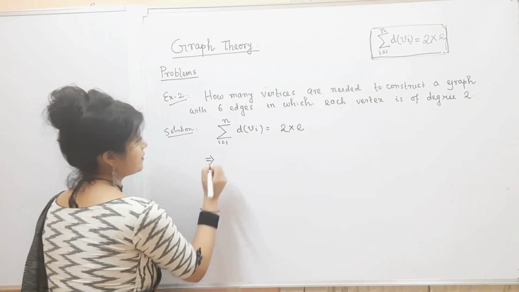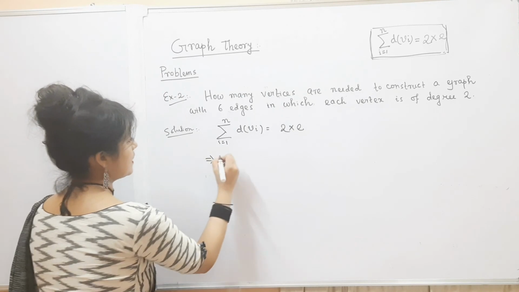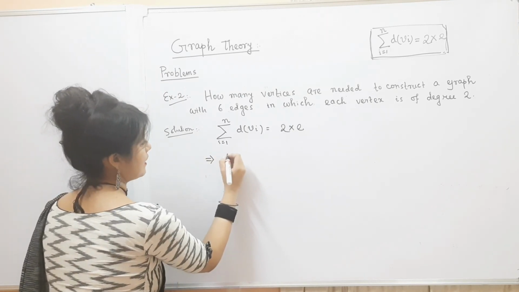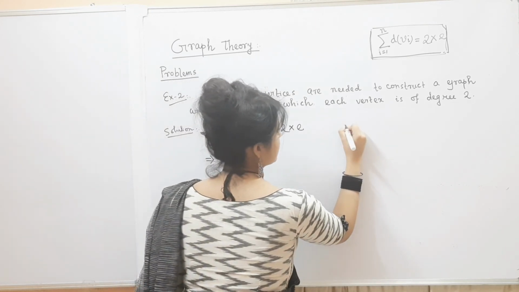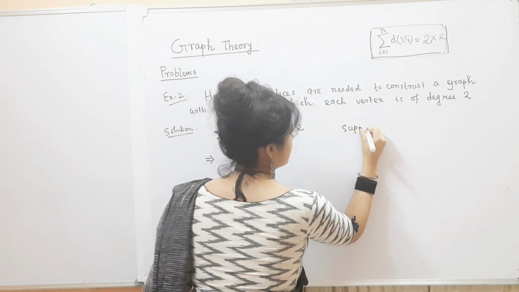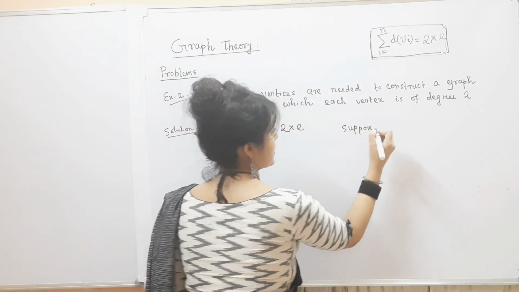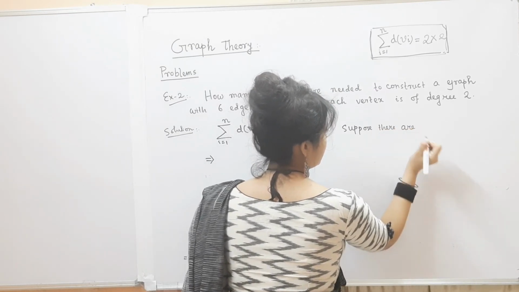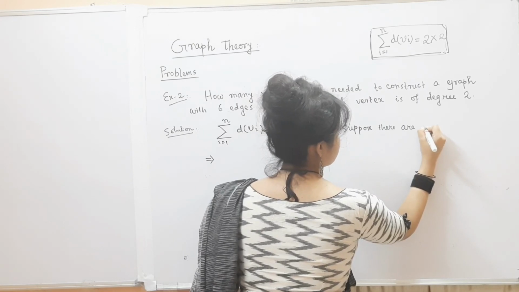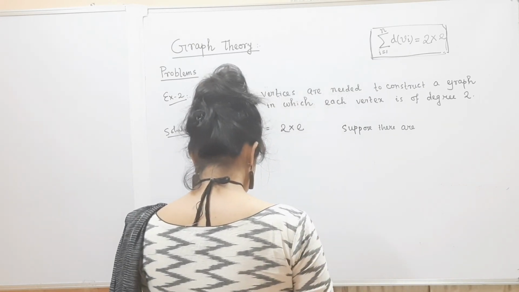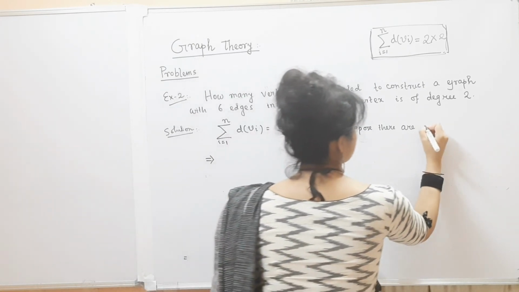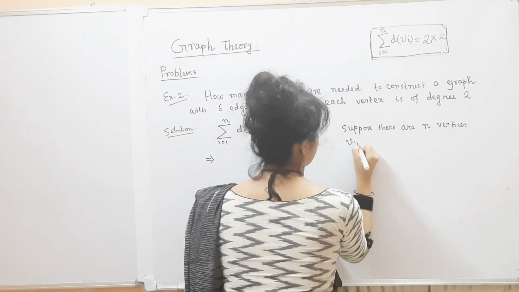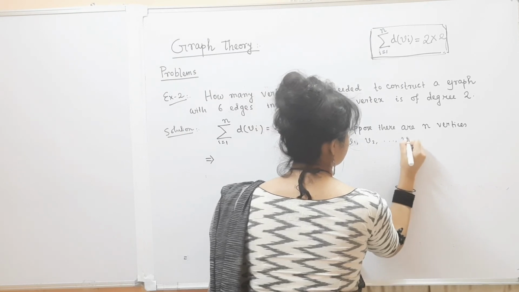So therefore all the vertices are of degree 2. Suppose there are n vertices, that is V1, V2 up to Vn.